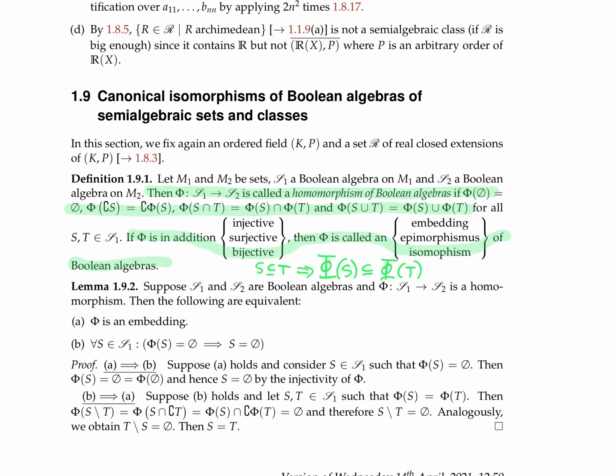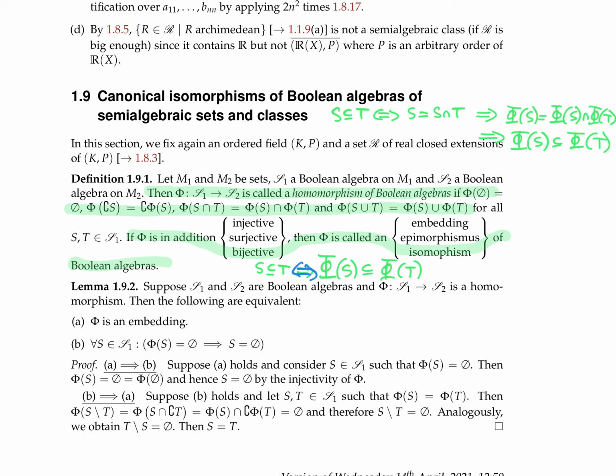Why is this? That's just because S contained in T is equivalent to S equals S intersected T, and from this it follows that phi of S equals phi of S intersected phi of T, and that implies that phi of S is contained in phi of T. And then for an isomorphism of Boolean algebras we have in fact an if and only if here, right?